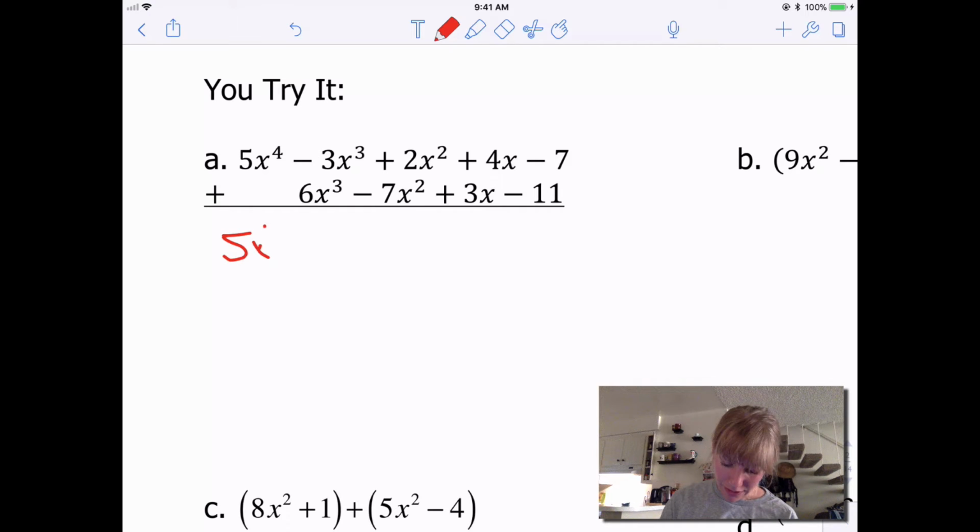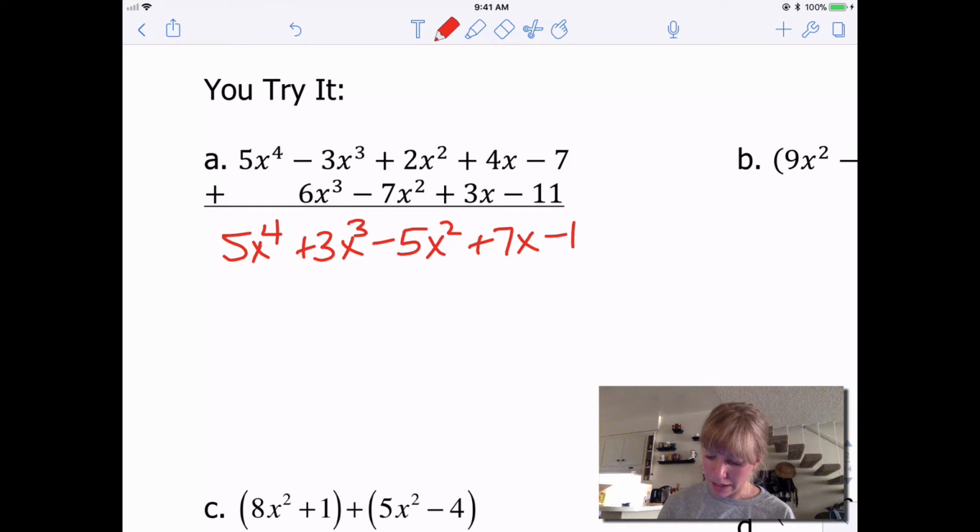We get a 5x to the 4th plus 3x cubed minus 5x squared plus 7x minus 18. Likely 30 seconds was way too long, so we'll go shorter on the next one.